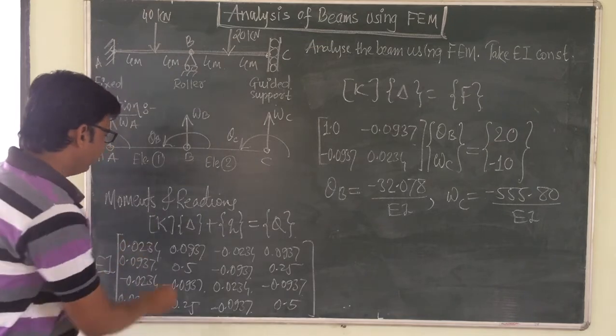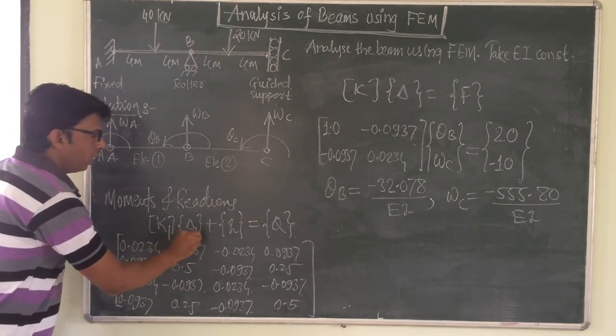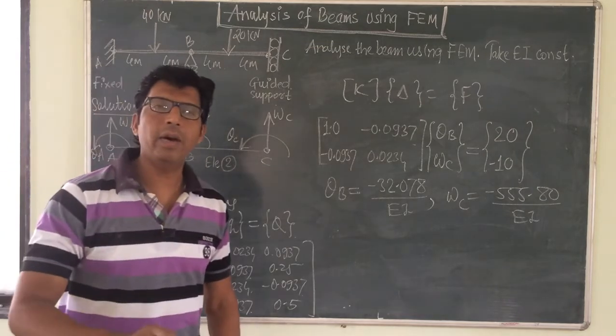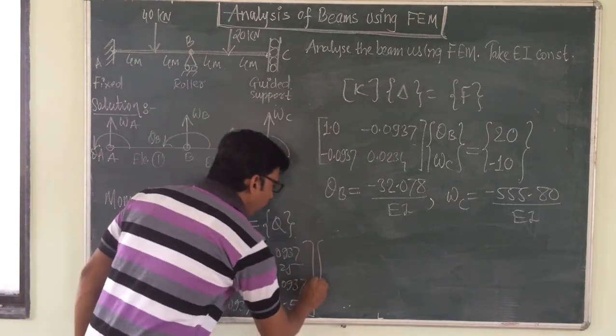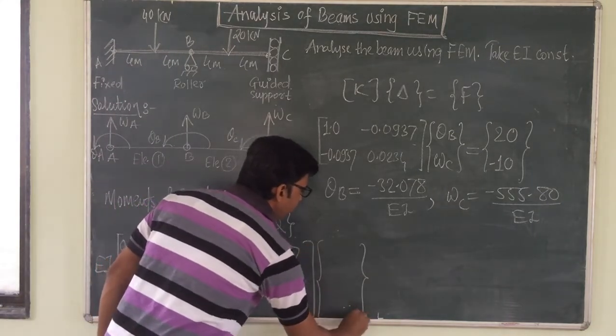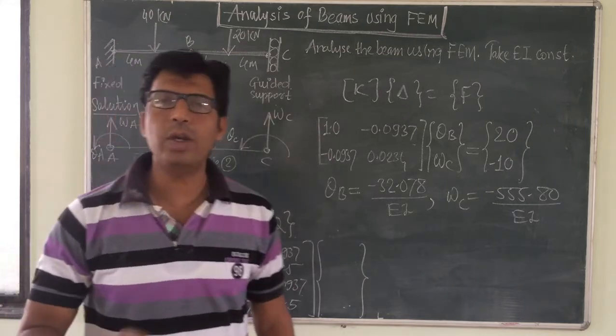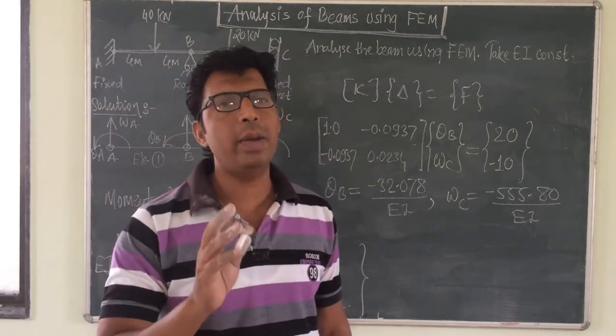So K1 into delta 1. Delta 1 means the values of the 4 displacements corresponding to element 1.